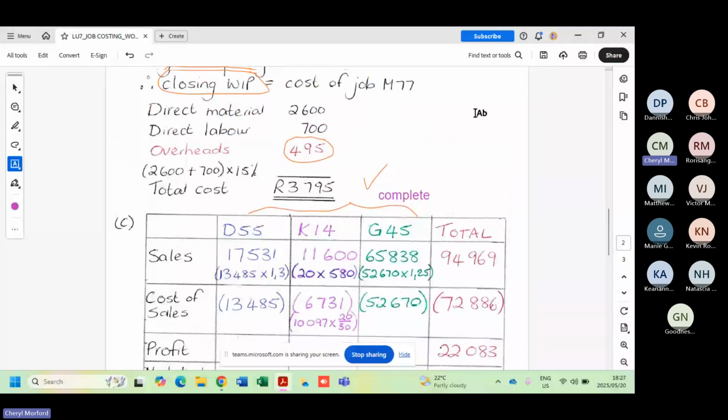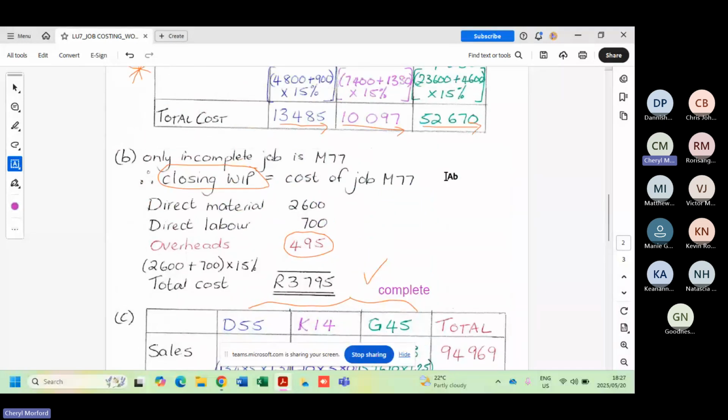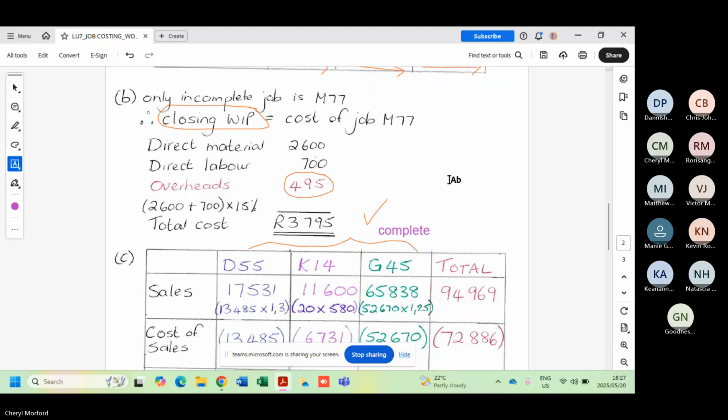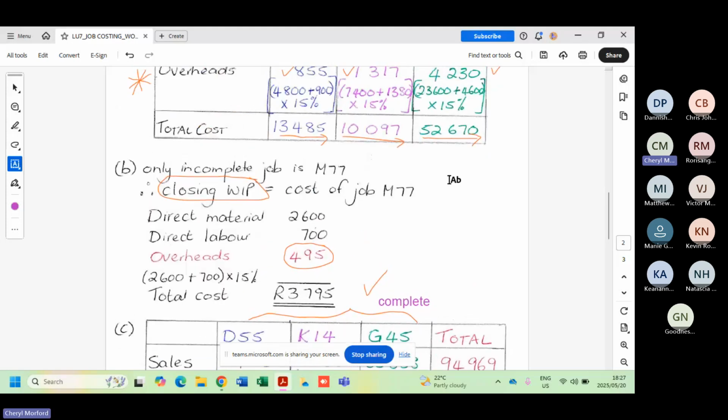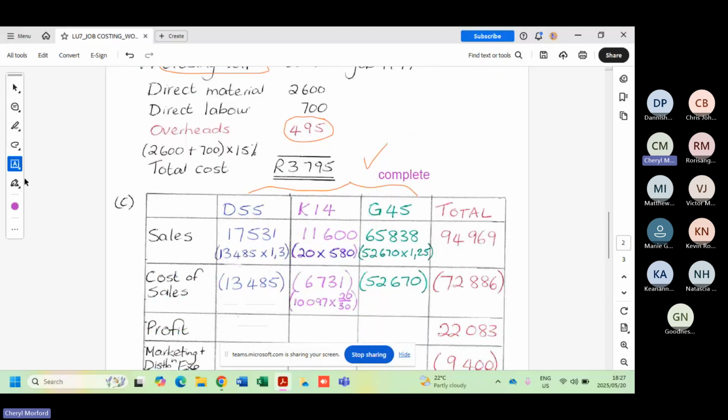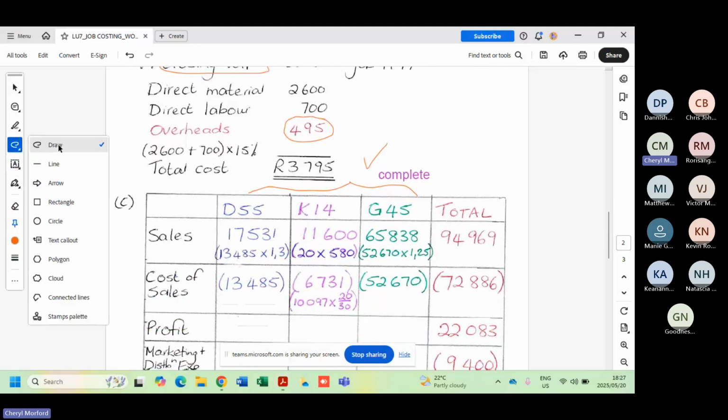Okay. And just to remind you over here of the various costs, D is 13,485 and G is 52,670. So all we're going to do here now for sales, do have a look at this.